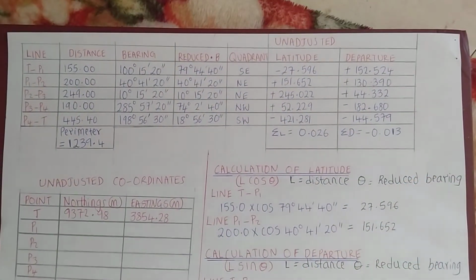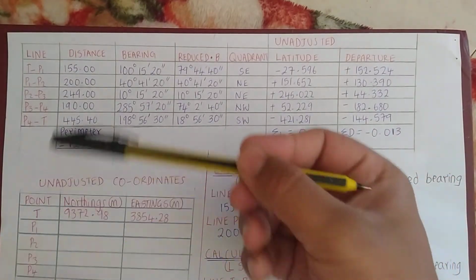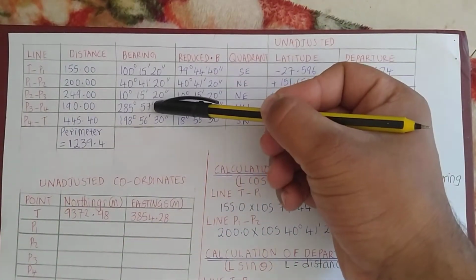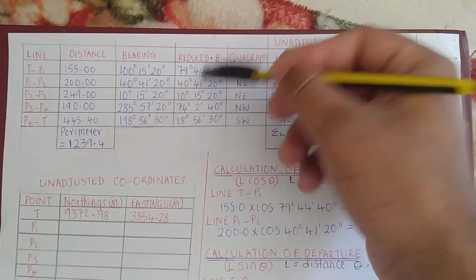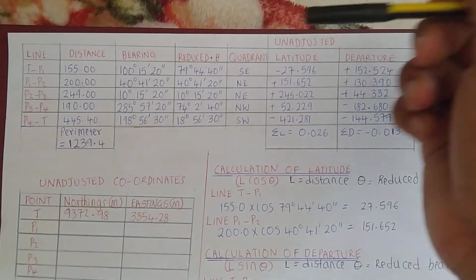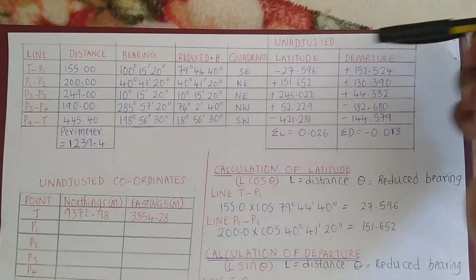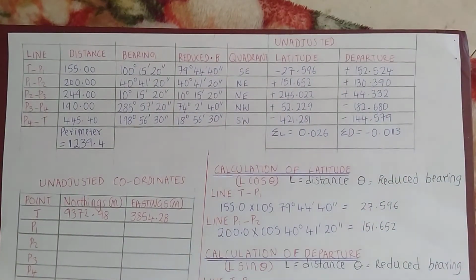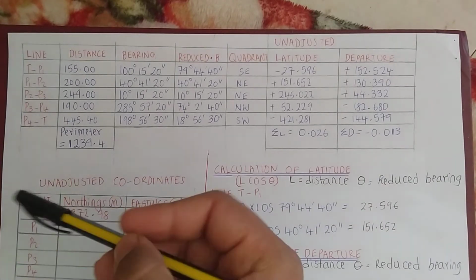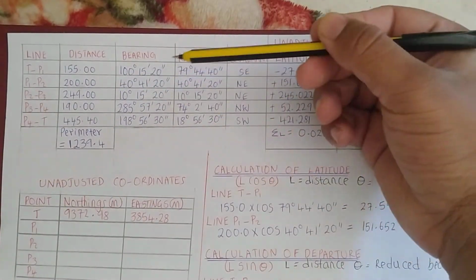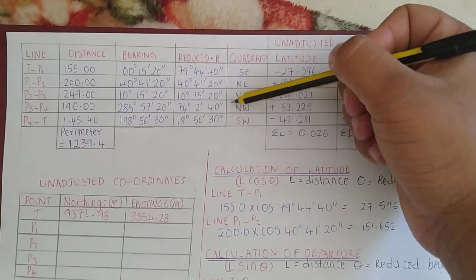You can see I filled a table which has line, distance, the bearing, and the reduced bearing which we have just calculated, the quadrants, the latitudes, and the departure. This information we are given up to here, up to bearing. I calculated the reduced bearing.